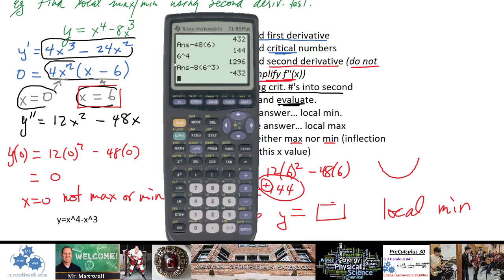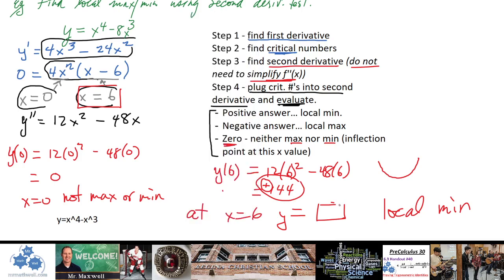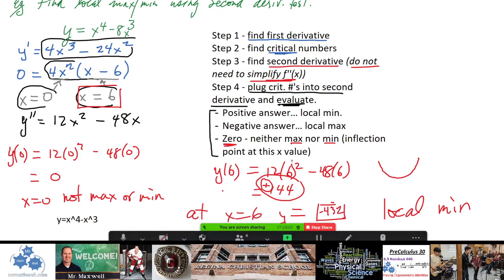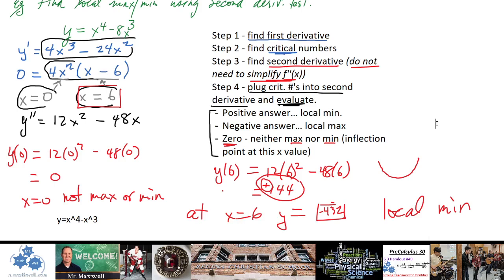Negative 432. Yep, I guess 6 to the power 4 minus 8. Negative 432. All right. Let's just check that. All right, that number checks out. Any questions about that at all?